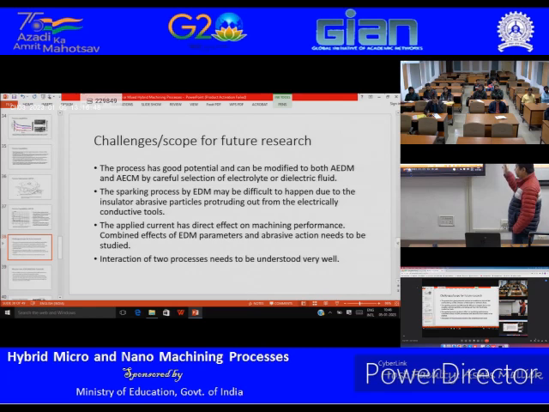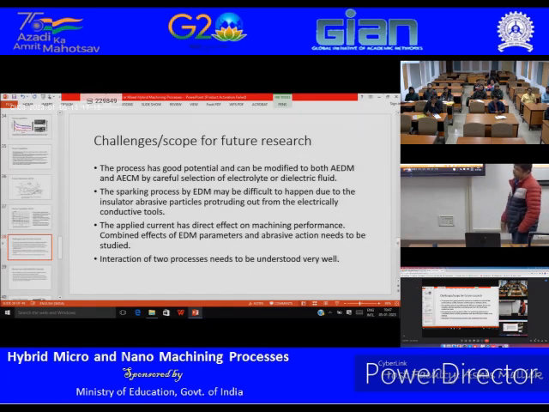I think I already discussed those, because the insulator abrasive particles are protruding out from the electrically conductive tool, so the gaps are actually different. The applied current can have a direct effect on machining performance. So if you can increase the applied current, then you can make sure EDM is taking place and you can improve the material removal rate.